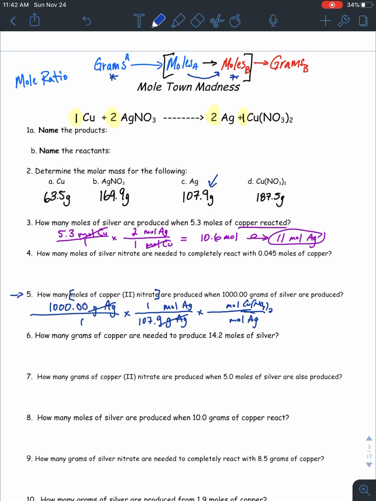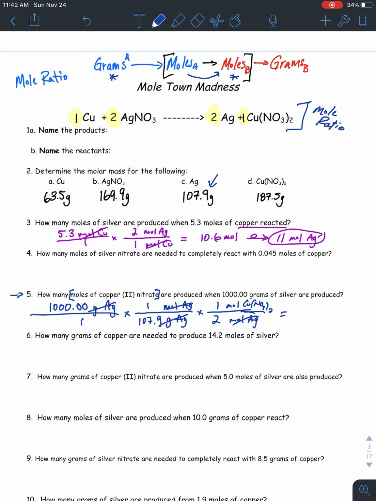Again, the mole ratio comes from our balanced equation. If you have an unbalanced equation, your mole ratio is going to be off, giving you a wrong value, so make sure the balanced equation is written correctly. We know that for every 2 moles of silver produced, we get 1 mole of copper nitrate produced, and our moles of silver cancel out.